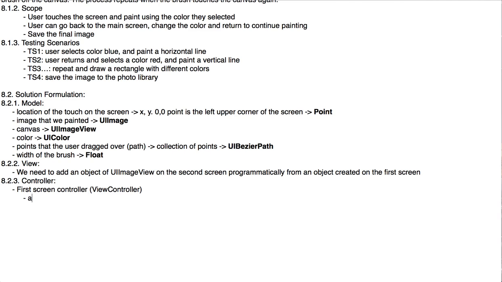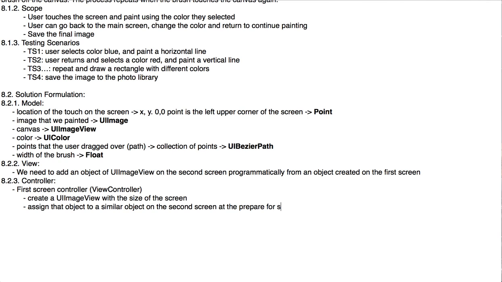On that screen I need to create a UIImageView with the size of the screen, and then assign that object to a similar object on the second screen at the prepare for segue event.